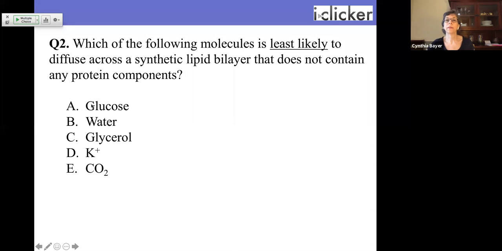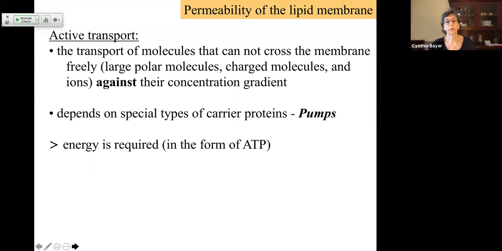All right, so this is an example. There were two possible answers: glucose, potassium. Neither of those can cross without assistance, without being facilitated by a transport protein. So everything we've talked about so far is passive transport, right? Movement of a solute across the membrane down its concentration gradient. But sometimes a cell needs to move solutes across its membrane against its concentration gradient.